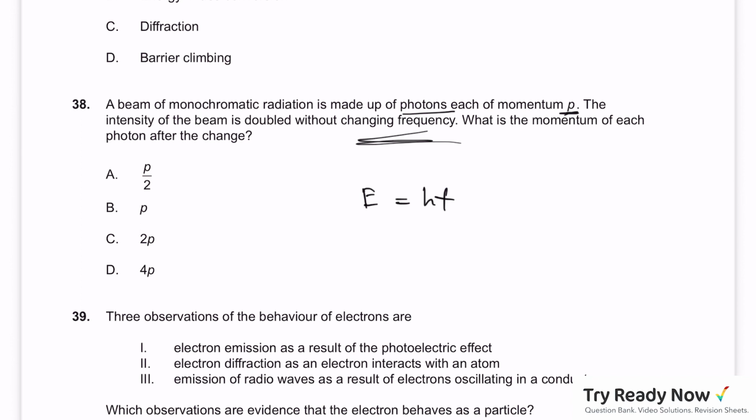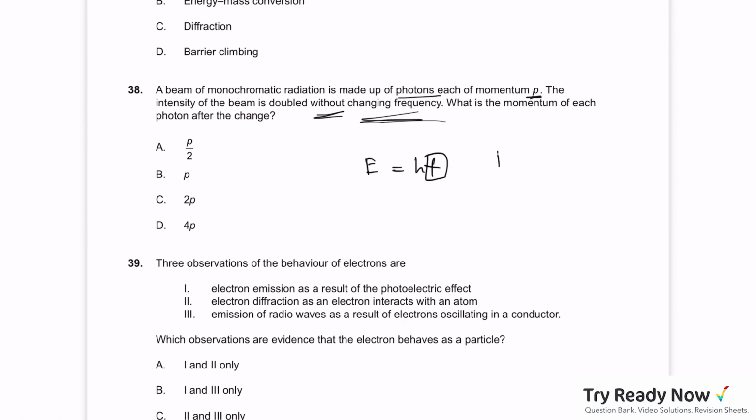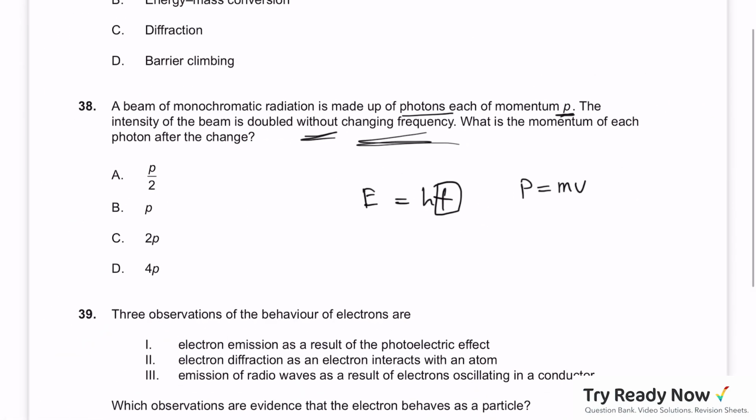It's actually dependent on frequency. And the frequency does not change in this case. We know momentum is made out of mass and velocity. So if the energy doesn't change, that means it's not gaining any kinetic energy either. Hence, momentum should stay constant, and that means our answer for 38 is just P, option B.